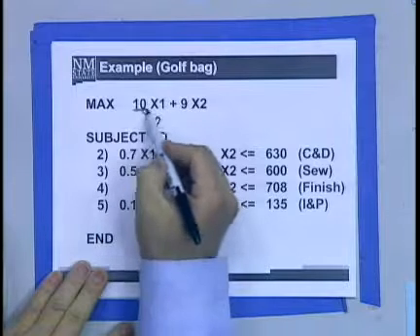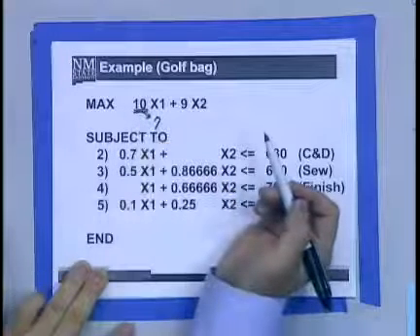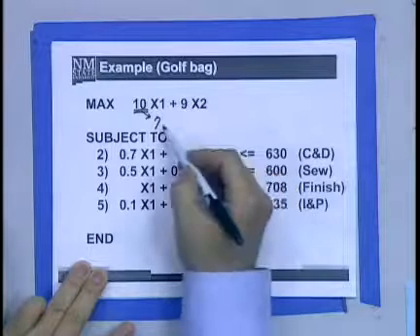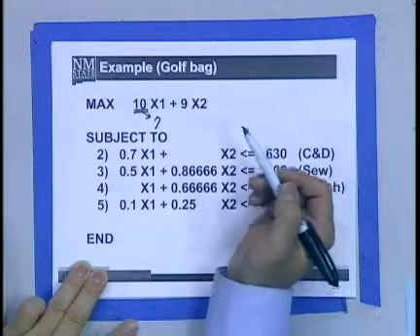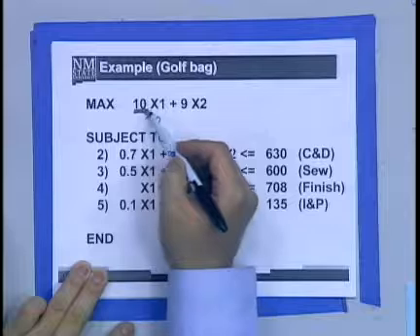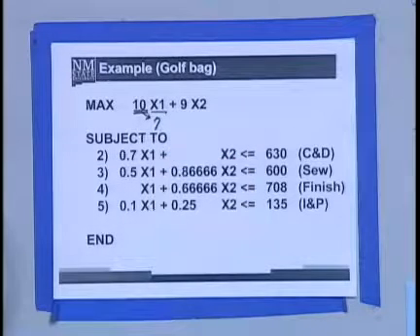And this change means a decrease of $3 in the objective coefficient of the variable x1, right?